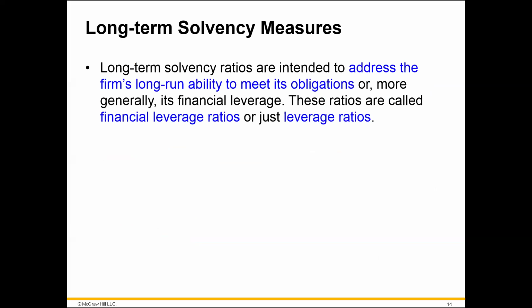All right. So let me move on to the long-term solvency measures. Long-term solvency ratios are intended to measure the firm's long-run ability to meet its obligations, right? We call these by another term, financial leverage ratios or just leverage ratios, right?